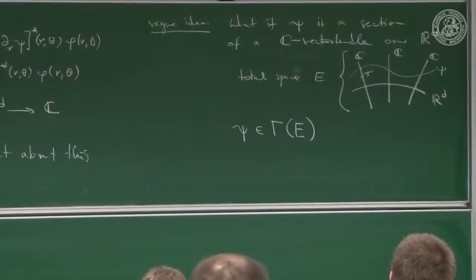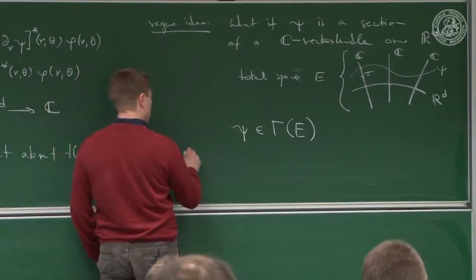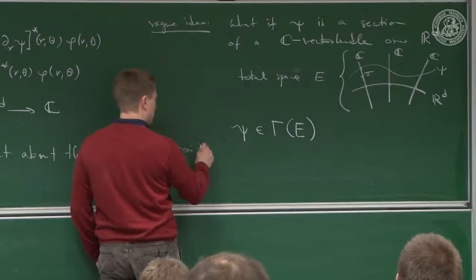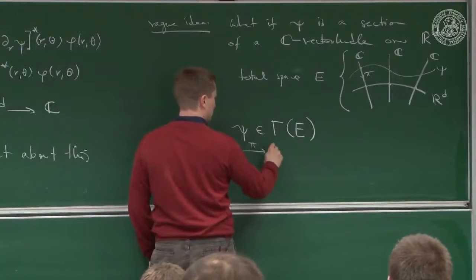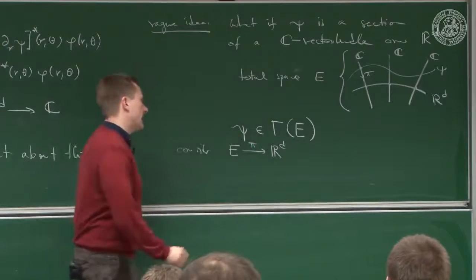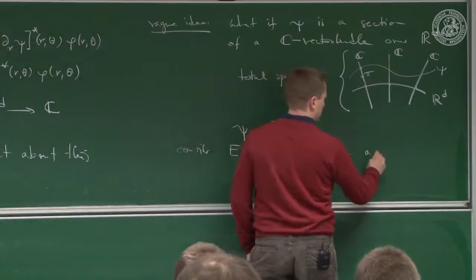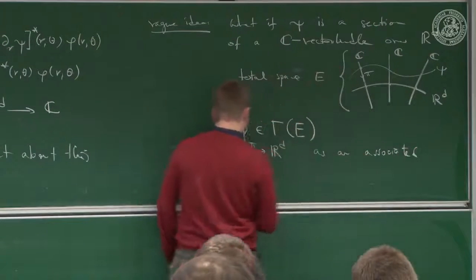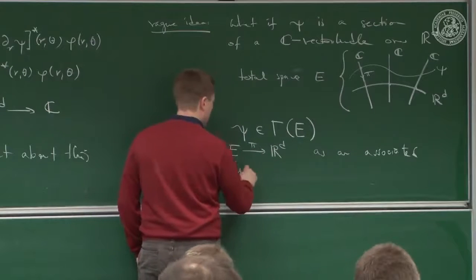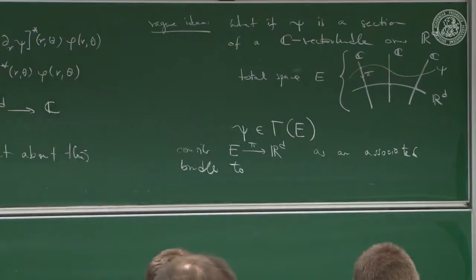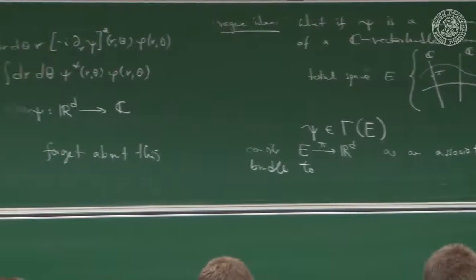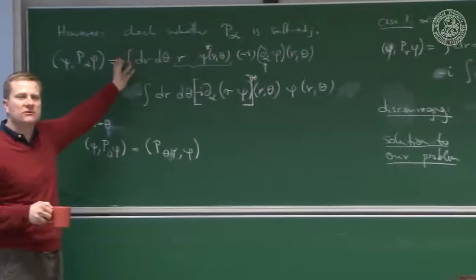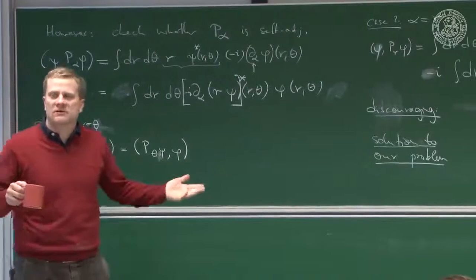Well, the idea is you can now consider this bundle E as an associated bundle to, well, you could consider this as an associated bundle to many, many principal bundles, but which is the principal bundle of interest if we're dealing with general changes of coordinates? What's the bundle of interest?